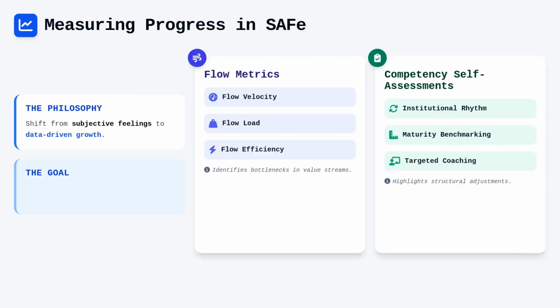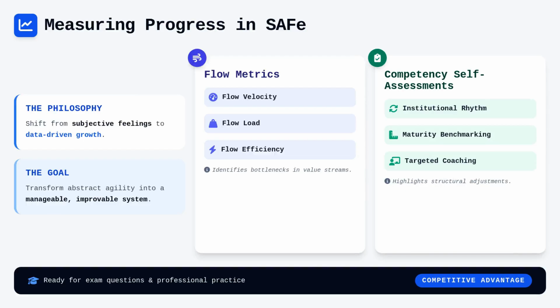This emphasis on measurement transforms the abstract concept of agility into a manageable, improvable system. By understanding how these metrics function, you'll be prepared not only to answer exam questions regarding organizational health, but also to apply this rigor in your professional practice.